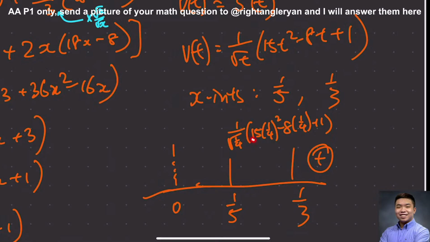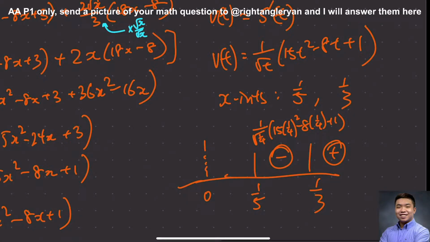This will be 15 over 16, which is a little bit less than 1, so let's say 0.99. Plus the 1 will be 1.99, minus 2 will be negative. Negative times a positive will be negative. So I know here is negative, and here I know it's positive because it's quadratic. And this part I don't need to check.